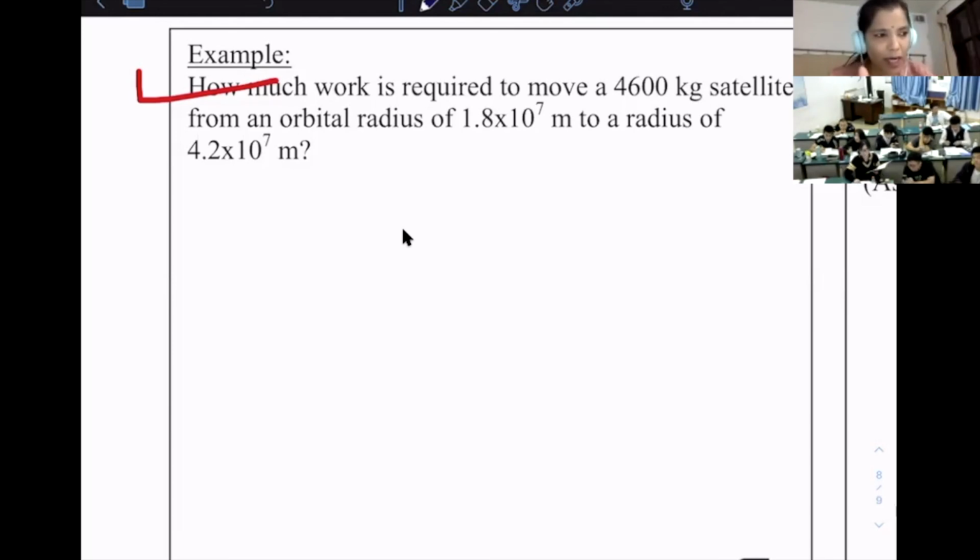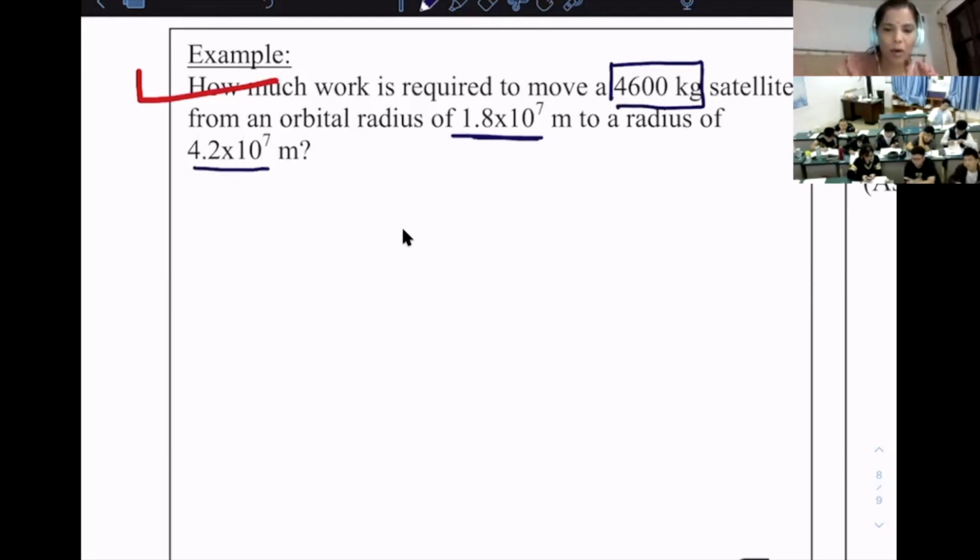Our objective is to take one satellite, this is the mass of that satellite, and you need to take that satellite from this radius to this radius. You have to pick it up, go up. So suppose this is the, sorry, you want to try by yourself? What is the planet? Okay.